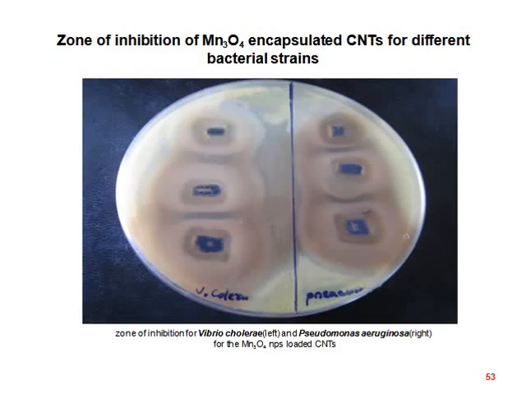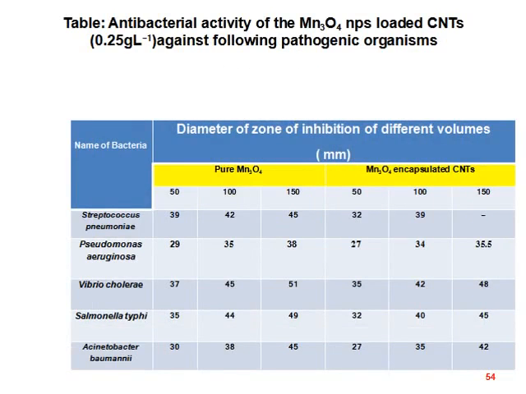And here we can see the zone of inhibition for Vibrio cholerae and Pseudomonas aeruginosa for the loaded CNTs. The diameter of the zone of inhibition of different volumes for manganese oxide encapsulated CNTs was compared with pure manganese oxide nanoparticles. The results for this loaded status of manganese oxide nanoparticles are also very good and highly acceptable.